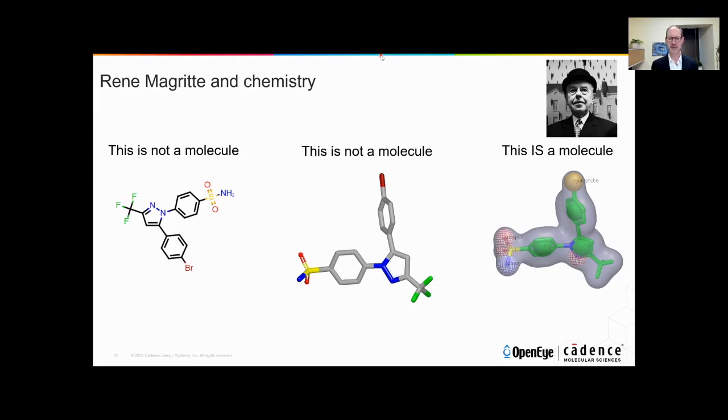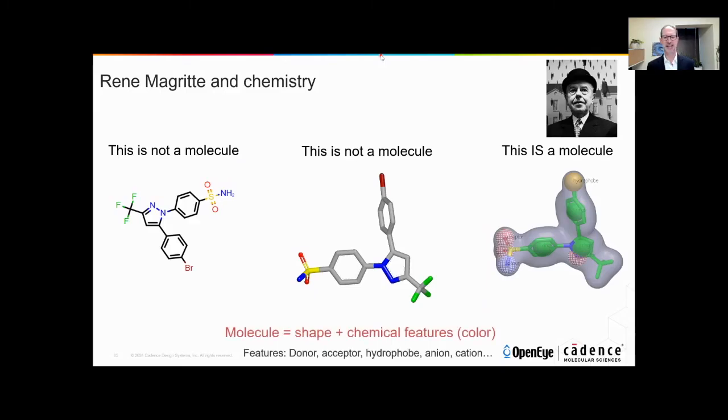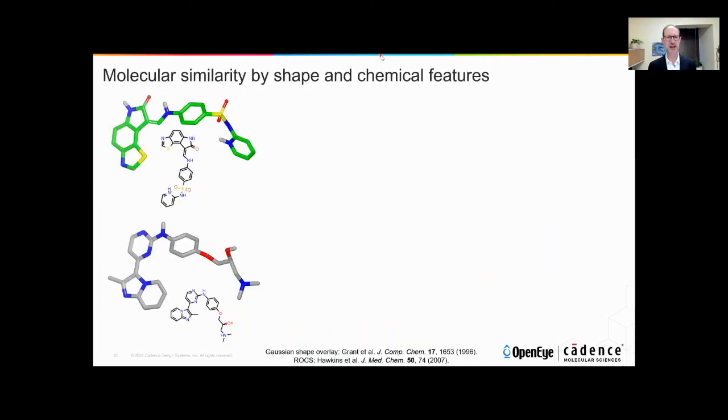So for this section, I'm going to think about molecules a lot as a shape with a set of attached or embedded chemical features, or what we here at OpenEye would call color. And these are the usual kinds of things you think about: donors and acceptors, anions, cations, etc. So we can use this representation to compute molecular similarity in 3D.